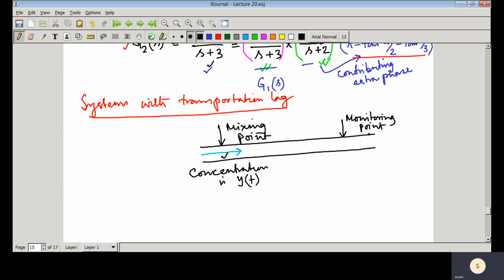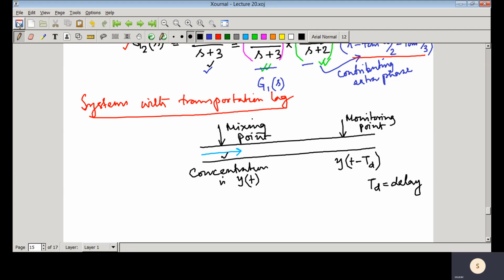Obviously, because of the distance from the mixing point to the monitoring point, you will get that concentration after some time, and that time is TD. This TD is called the delay.